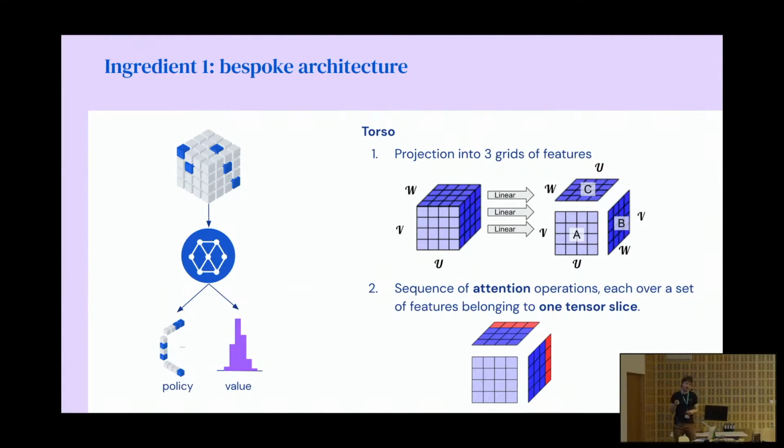Importantly, we do not perform full attention between all elements of the 3 matrices simultaneously, which would be very expensive. Instead, in each attention step, we only perform attention between elements in the matrices that lie in the same slice of the tensor. For example, here in red, I'm highlighting the elements of the projections that all represent entries that lie in the slice of the tensor that's furthest away from us.